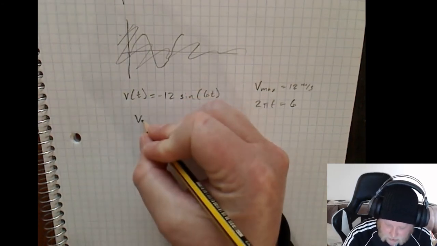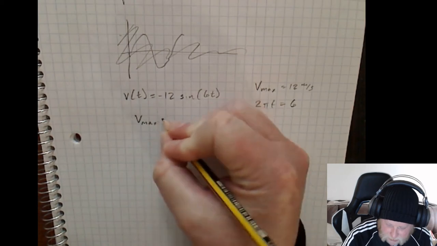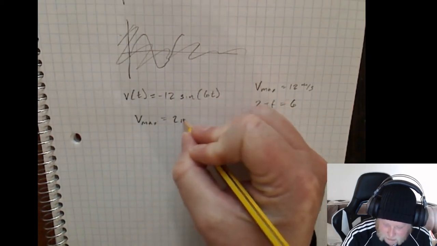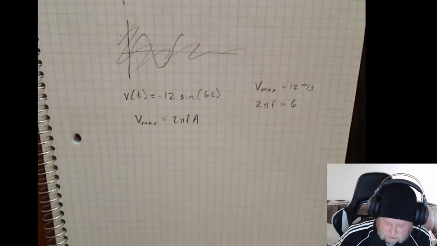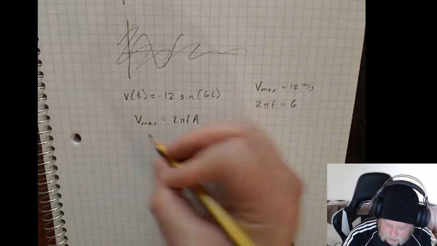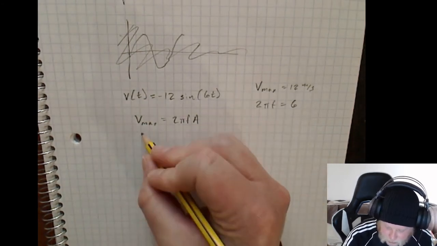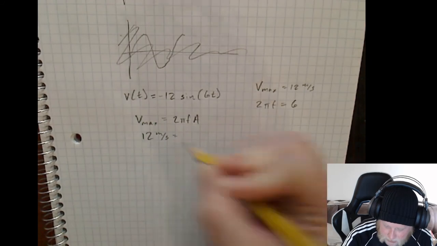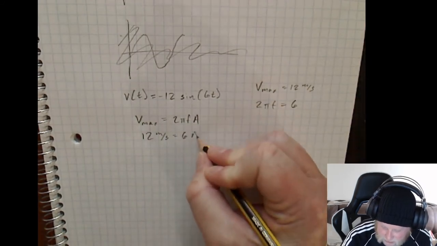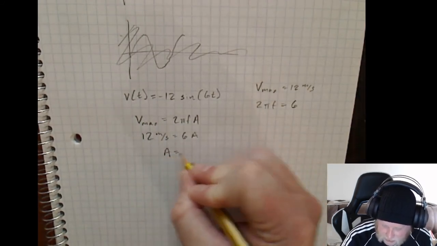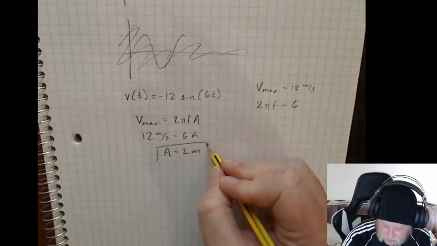So if we're looking for the amplitude, we know that Vmax is equal to 2 pi f times your amplitude. So 12 is equal to 6 times your amplitude, so your amplitude is 2.